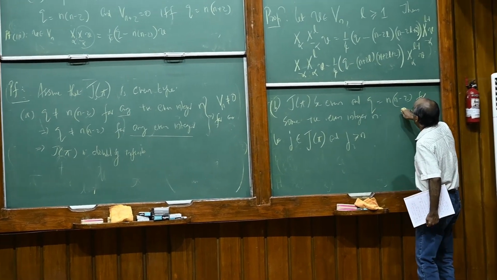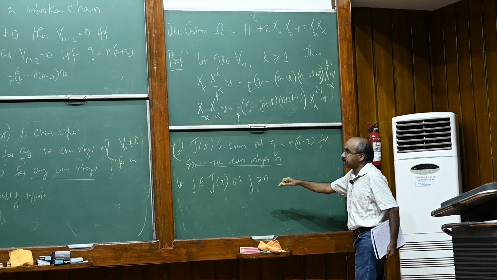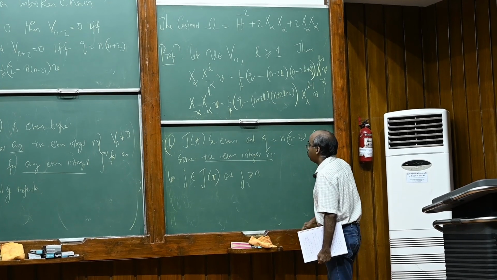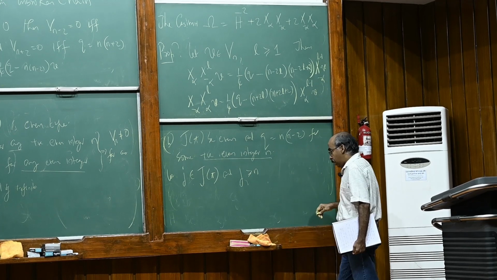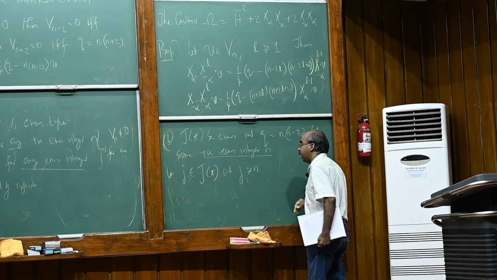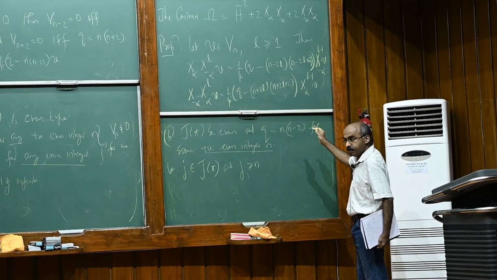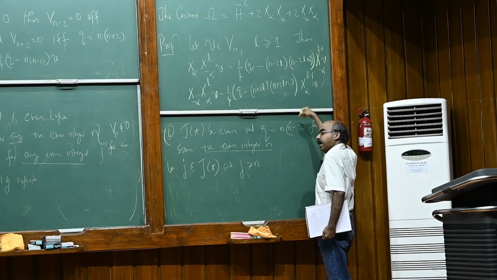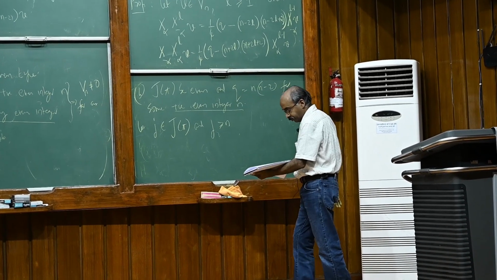If q is equal to n into n minus 2 for some positive even integer n, I want to say the K types that are appearing in J pi are one-sided. So let's take one j from J pi. Assume that j is greater than or equal to n. That means I go to the right, right? So I have n, n plus 2, n plus 4, and at some point j, and then go on.